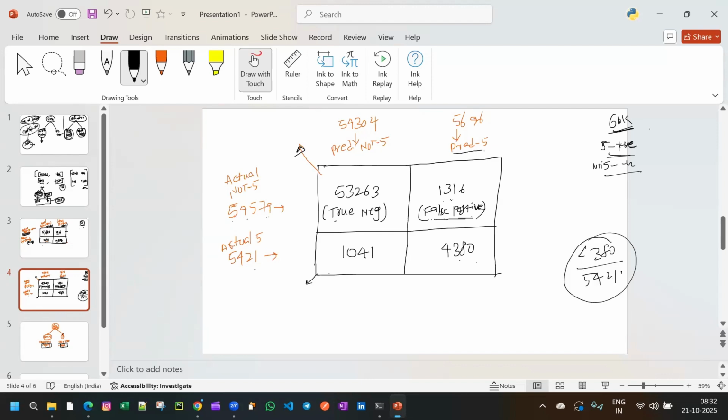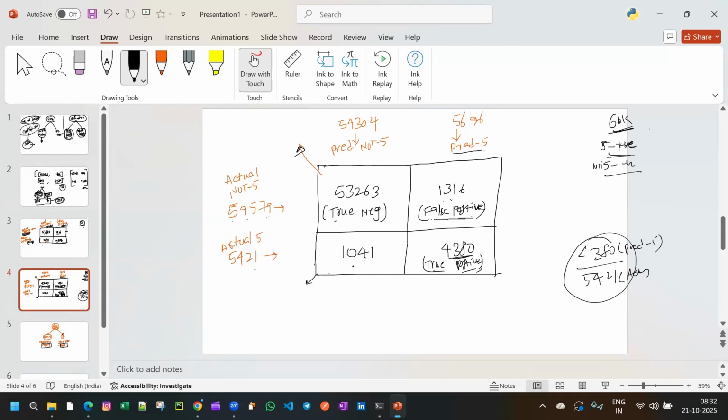So this is my actual, and these are my predicted. Clear? Out of these 5,421 images, my model predicted 4,380 images as 5. This is true, meaning correct predictions. True positives. Why am I saying positives? Because it's a positive class prediction. So true positives means correct predictions.